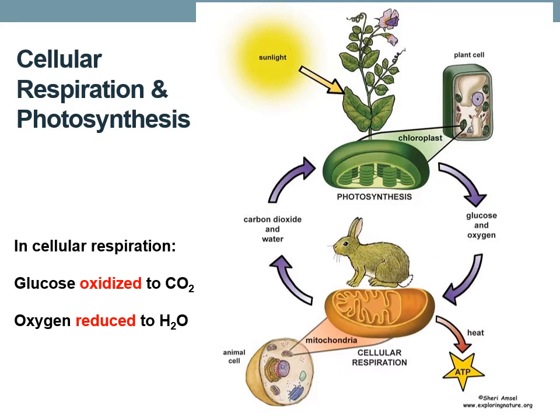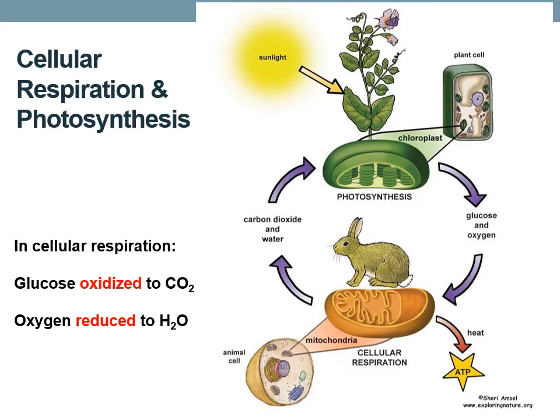The rabbit then uses the glucose and the oxygen to perform cellular respiration and produce energy in the form of ATP. Heat is released during this process. The products of cellular respiration, carbon dioxide and water, are then cycled back to the plants, and the cycle continues.